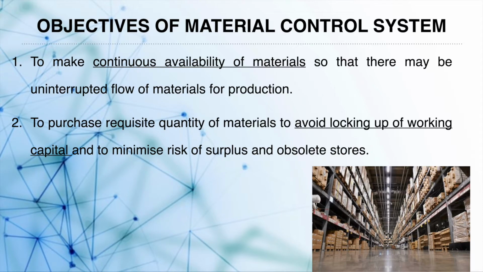What is the result of it? There is 50 kgs extra raw materials. Basically, I'm spending more money for the materials, but then that money has blocked my working capital.